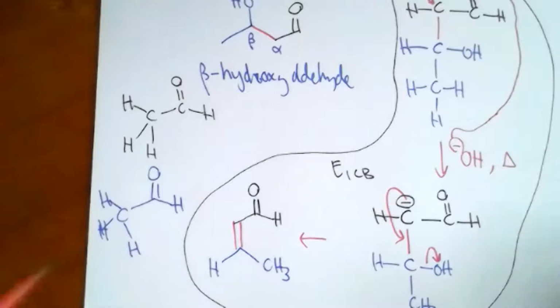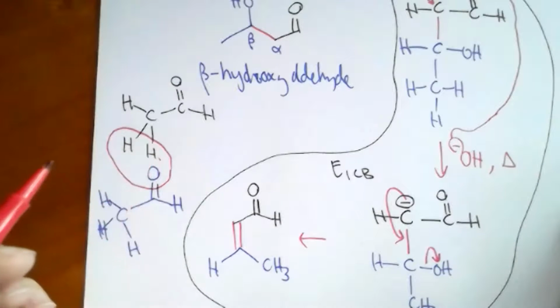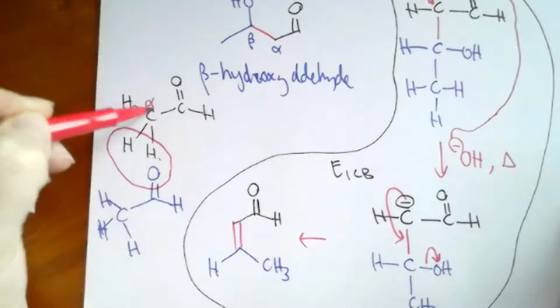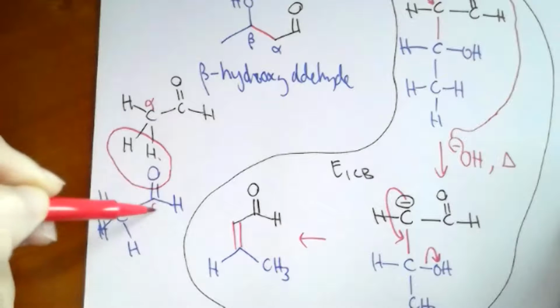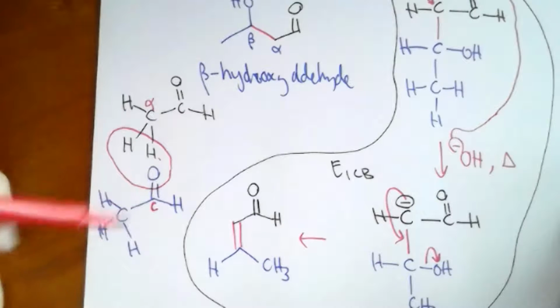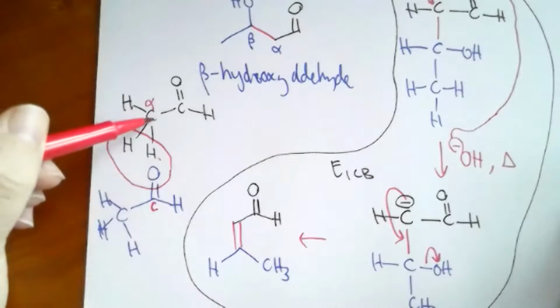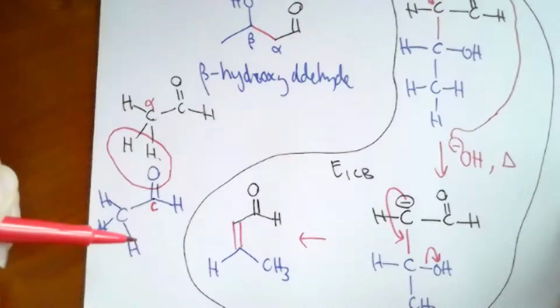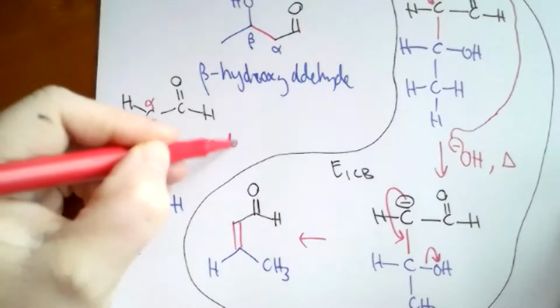You lose two H's and one O in the overall dehydration process. And the alpha carbon of your original carbonyl becomes connected to the carbon that was another carbonyl. You lose water and you connect this carbon to that carbon. This is often called the aldol condensation product.